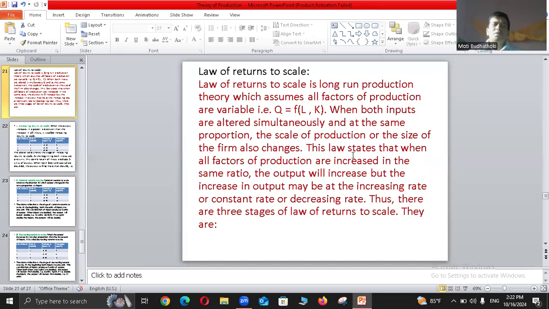So the law of returns to scale especially functions in the long run production function and long run production process, and there are three types of returns to scale.